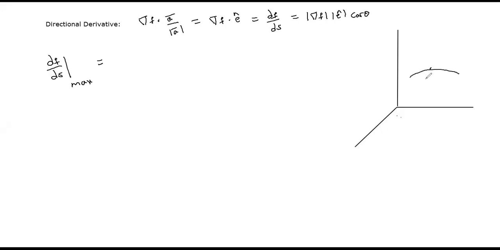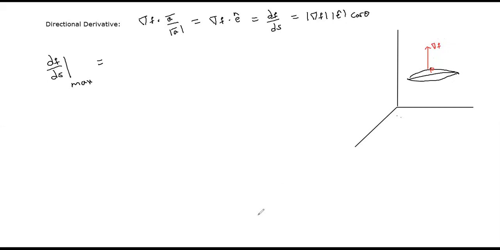But what is the direction of del f? The direction of del f is normal to the surface. Right? So at this point, if you want to find the directional derivative, in this direction only you will get the maximum value.